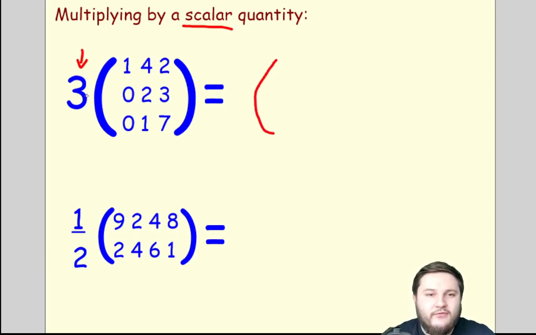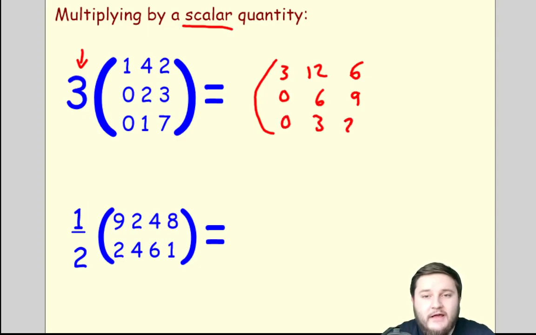So here we do 3 times 1, which is 3, and then 3 times 4, which is 12, and then 3 times 2, which is 6, 3 times 0, which is 0, 3 times 2, which is 6, and so on. We just multiply every single number by 3, and we get something that looks like this. So that is how you would multiply by a scalar multiple.